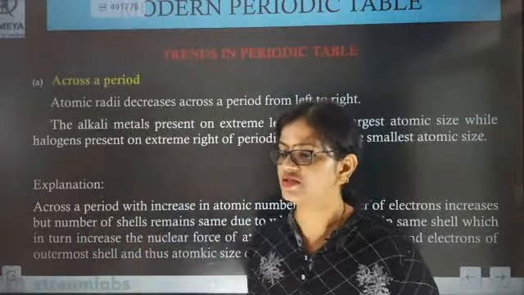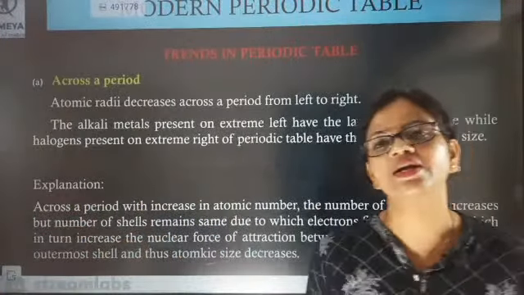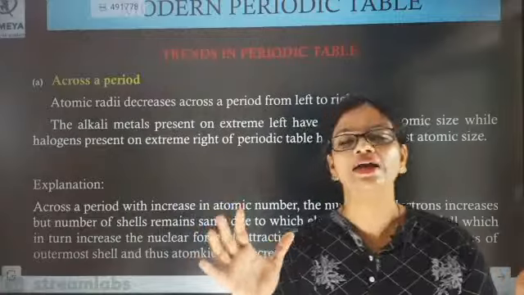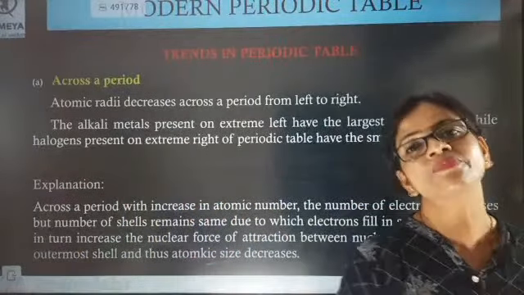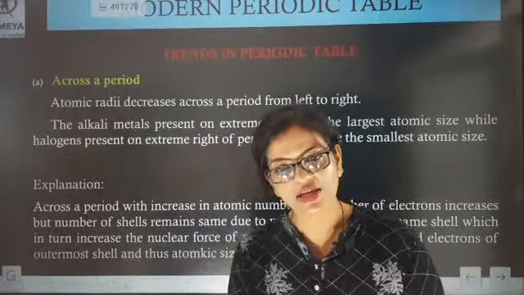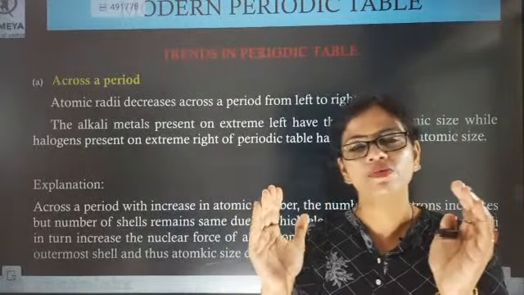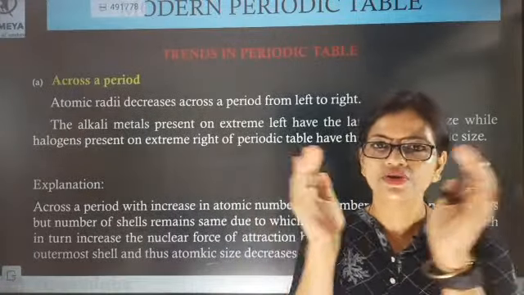This is the reason why, when we go from left to right in the periodic table, the size of the atom keeps on decreasing. So atomic radius keeps on decreasing on going from left to right in the periodic table. The reason is same shell or orbit filling of electrons. Filling of electrons reduces the size.